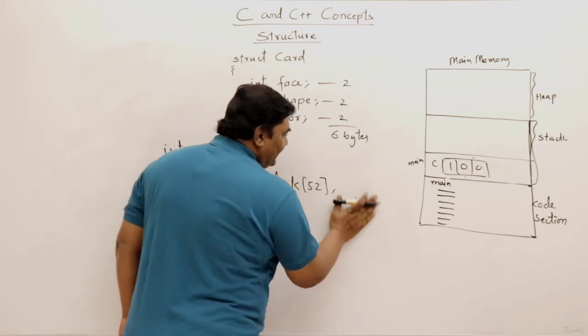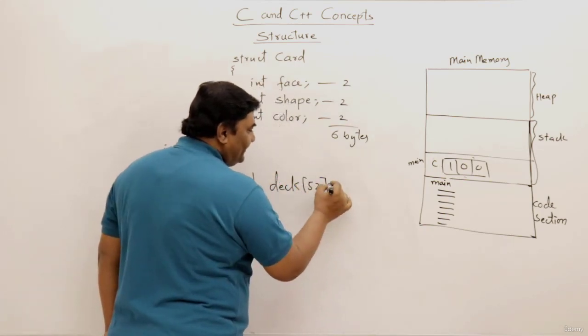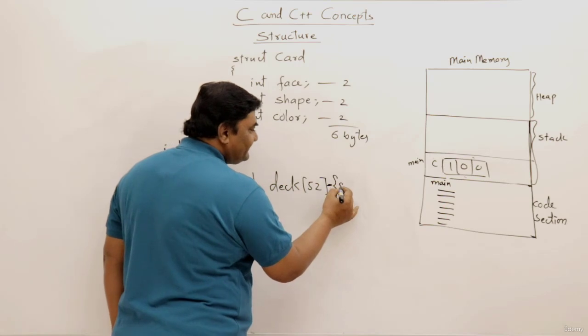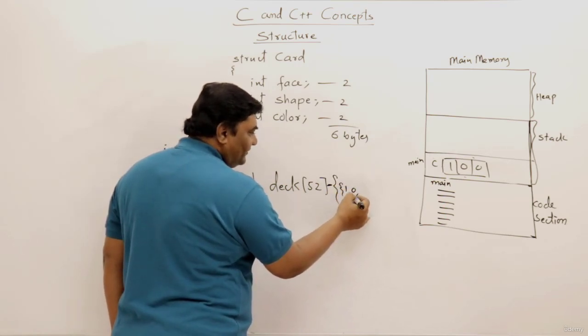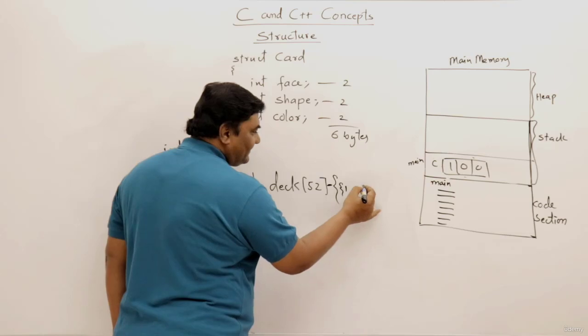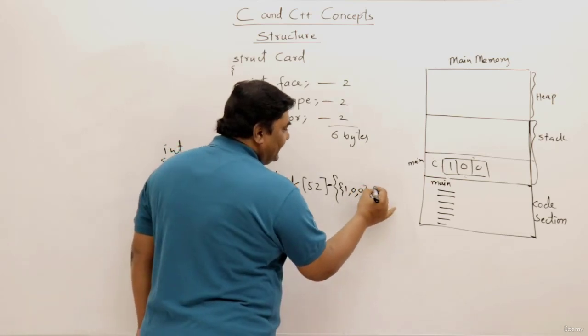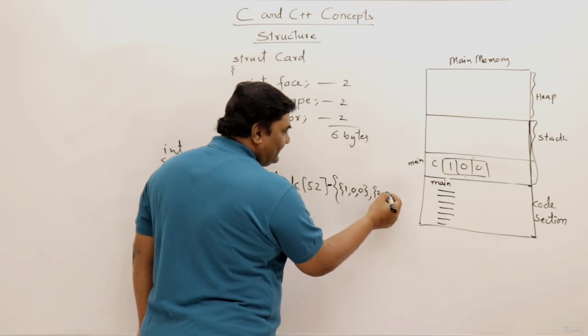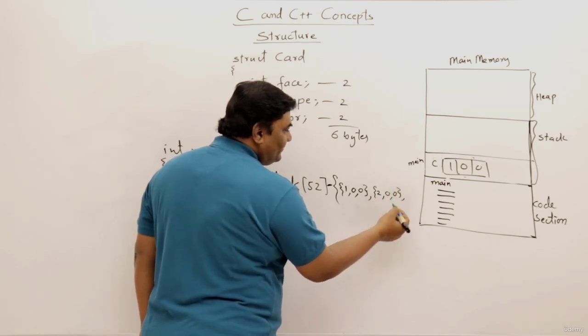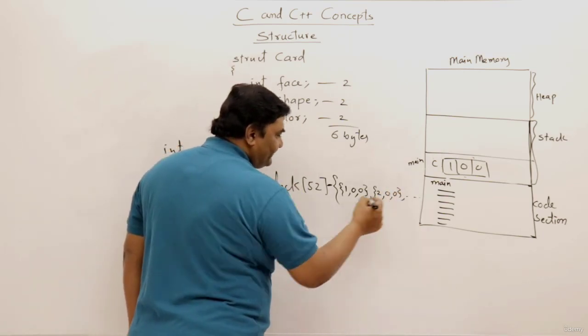So if I want to initialize it, for few cards I will do first card is ace of club or clover and black color. This is first card. Then second, that is card 2, face value is 2, and this is club and color is 0. So on, I can fill this one.